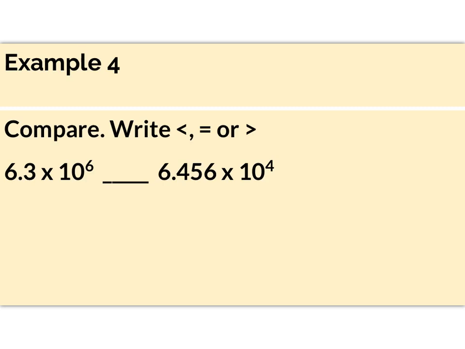Okay, compare which one is bigger: 6.3 times 10 to the 6th or 6.456 times 10 to the 4th. Well, this number, the base, is not really all that important. What's important is the exponent. So if I take 6.3 and move the decimal 1, 2, 3, 4, 5, 6 times, put my zeros in.